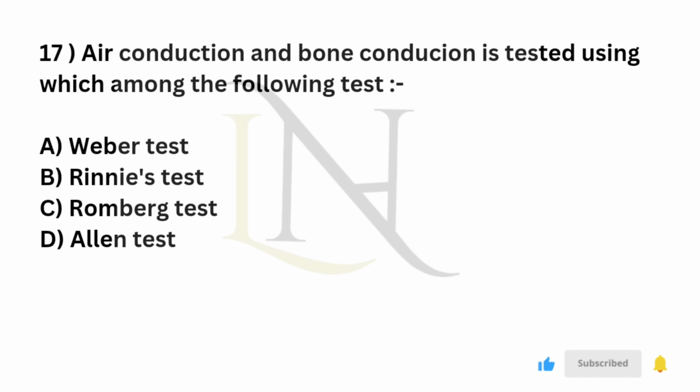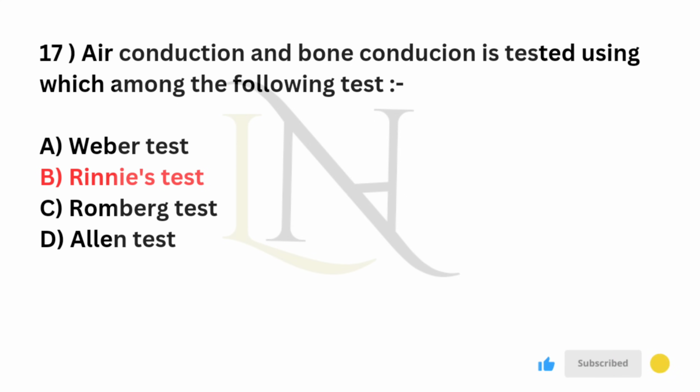Next, air conduction and bone conduction is tested using which among the following tests? Option A, Weber test; option B, Rinne test; option C, Romberg test; option D, Allen test. Correct answer: option B. Rinne test is used for testing air conduction and bone conduction, and Weber test is performed for sensorineural hearing loss.